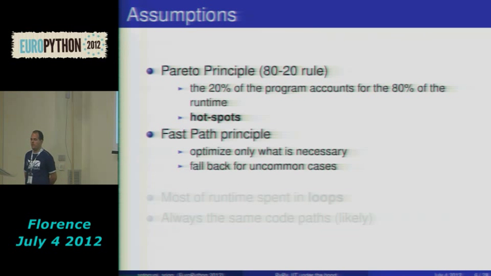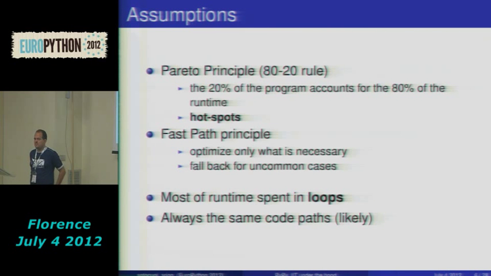So the idea is, again, we optimize only what is necessary, but we want to ensure correctness. So if there is a case which is very common, like you have an addition of two integers, usually they don't overflow, and you can just build an int object in Python. But you want to make sure that it still works even if the result overflows and you want to build a long object. So we emit code that is optimized for the common case, but it still works in the uncommon case.